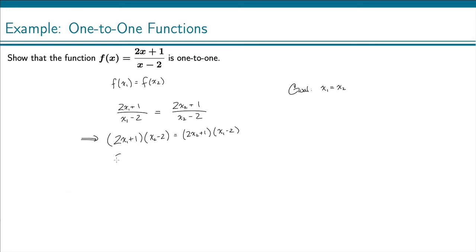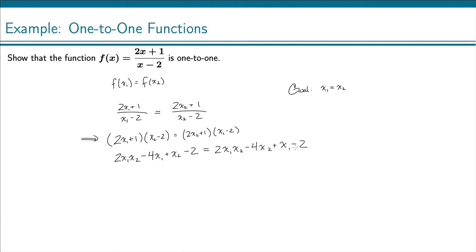So here we've got 2x1, x2, and then 2x1 times negative 2 is minus 4x1, and then plus 1 times x2, and then 1 times negative 2. And similarly over here, we'll do the same thing. We get 2x1, x2 minus 4x2 plus x1 minus 2.